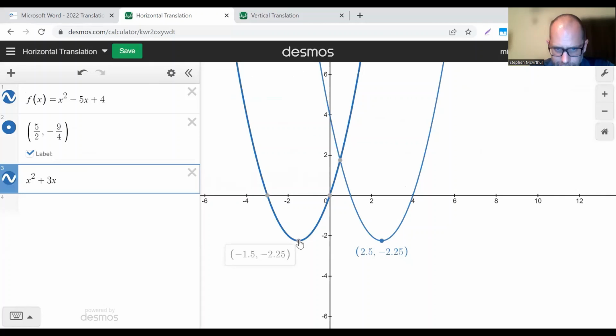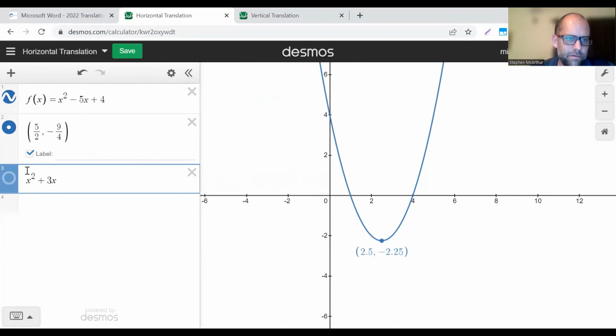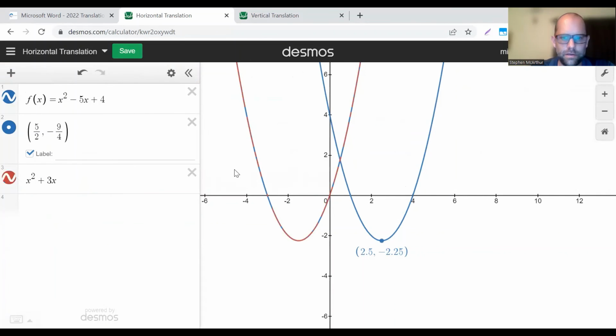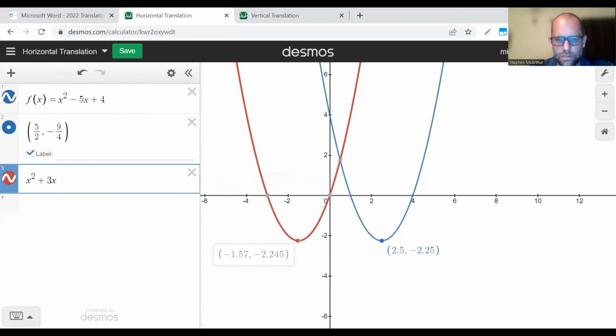Okay, 4 units to the left. We can see the turning point right there. Make it red because our graph here was red. And there it is in all its glory, 4 units to the left. There you go, translating horizontally on the x-axis.